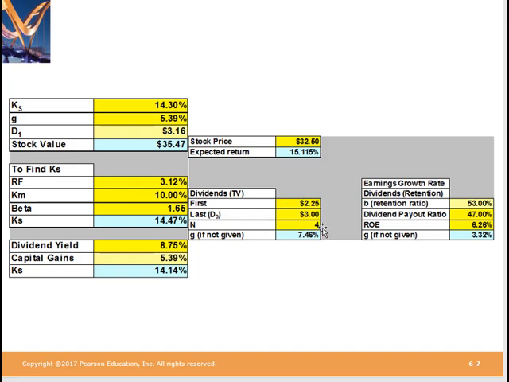There are 4 growth periods there. You have 5 years of data, but that means there's only 4 growth periods. So using time value, the growth of dividends is roughly 7.46%. But you can also use the earnings growth rate model, the retention model.